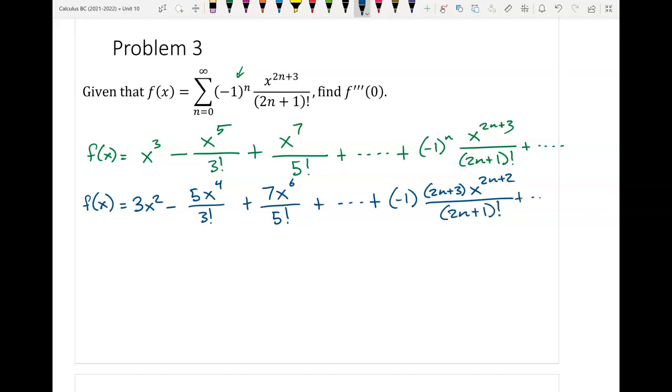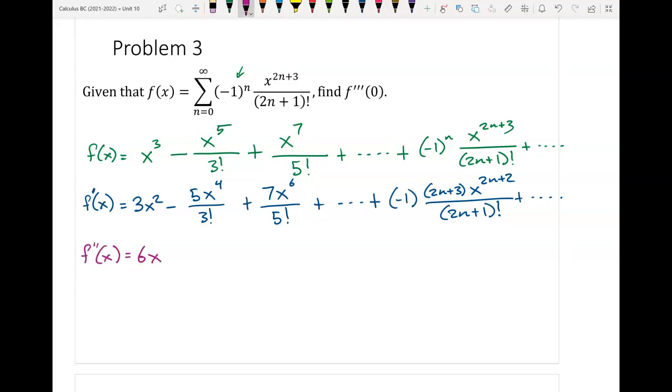Again, notice nothing in that general term changed except for that x part. Oh, and I forgot to say that was f prime. All right, let's do double prime.